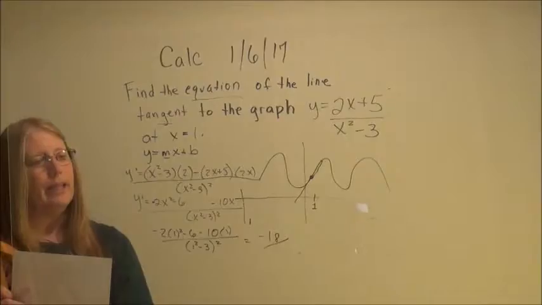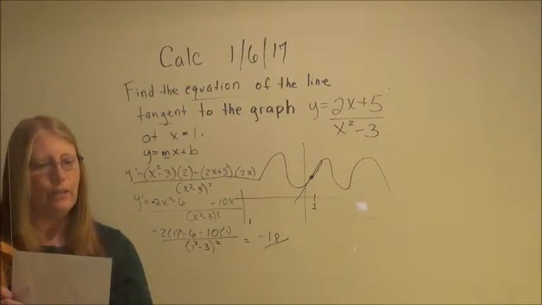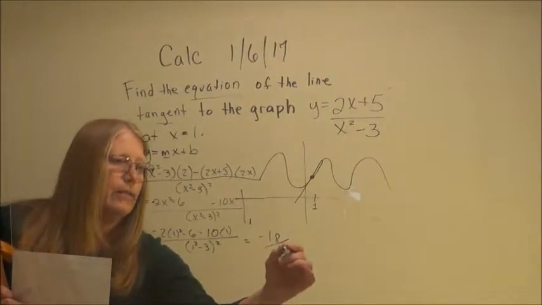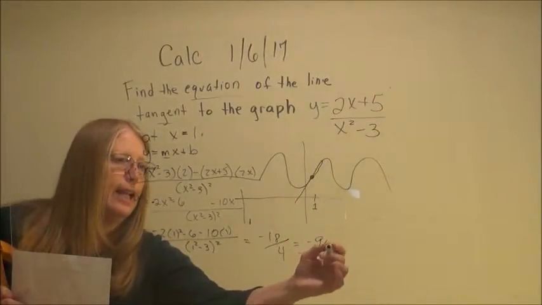On the bottom, 1 minus 3 is minus 2, squared is 4. Reduced, that's minus 9 halves.